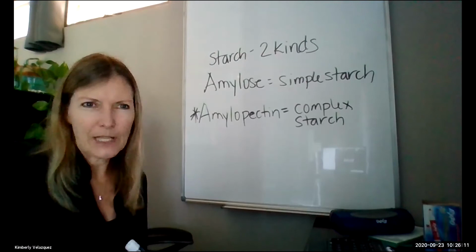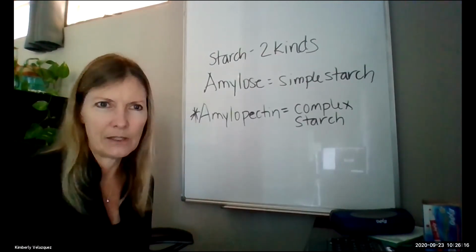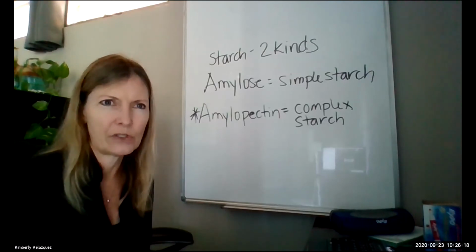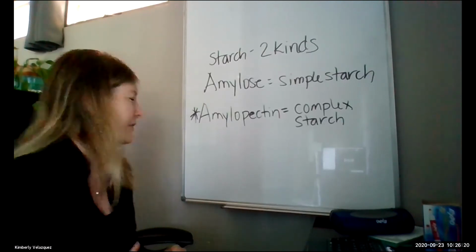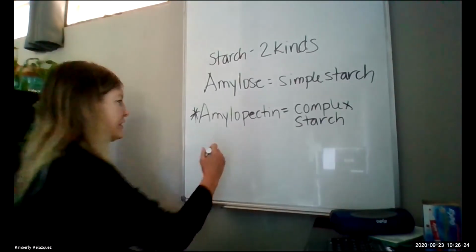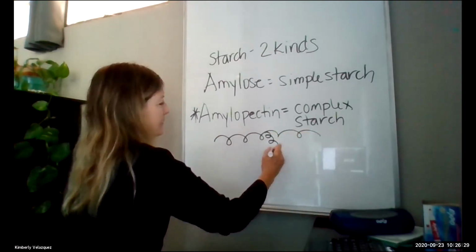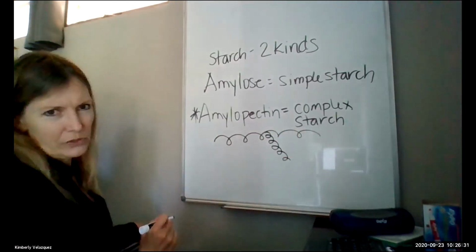There are pictures of this. I could just keep switching to screen view, but you'll see the structure of these two starches when you watch the videos if you haven't already. This one's called complex because it has some side branches. So if this is our chain of glucose, amylopectin has at least one side branch.